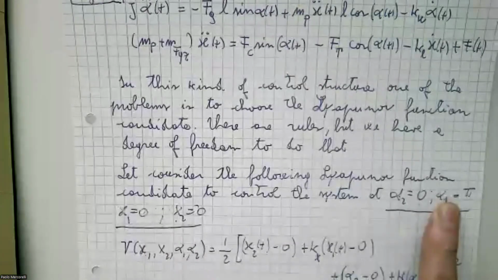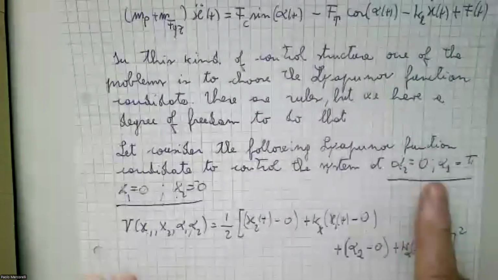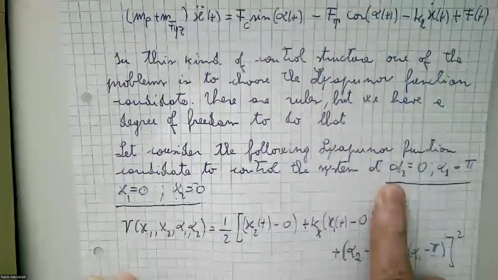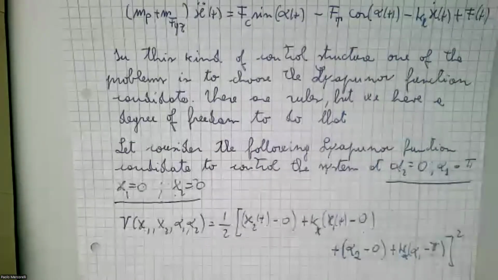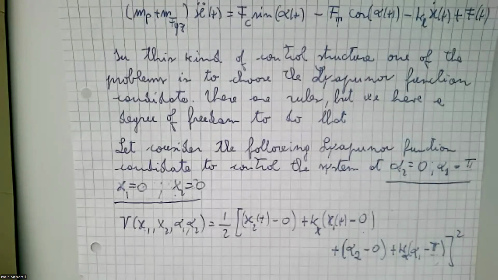If I want to control the system at these equilibrium points, believe me, I didn't calculate it for you because it is a little bit complicated, but believe me, alpha 2 equals 0, alpha 1 equals pi, exactly as before. This means that we have the arm at this position. But we want to control also the position of the car.